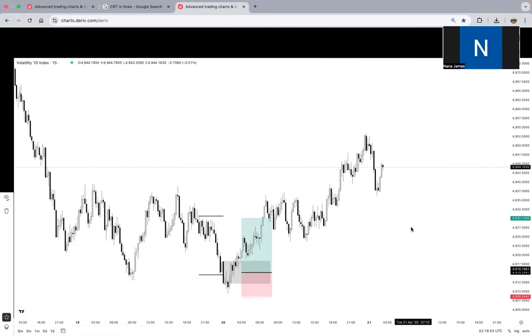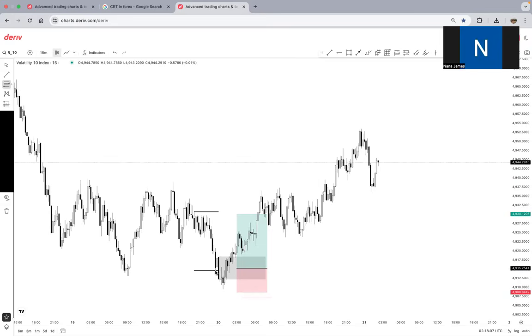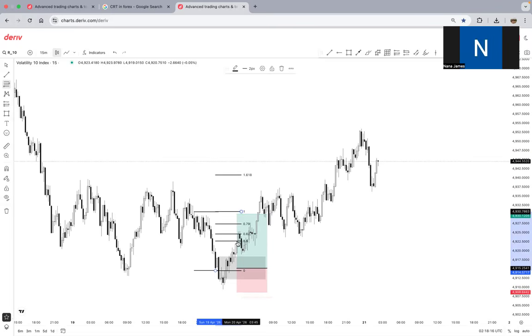If you want to use your fib, you can use it from your candle range low to your candle range high, and then you're going to target 50%. So this was 50% here, which is almost like 1:1.